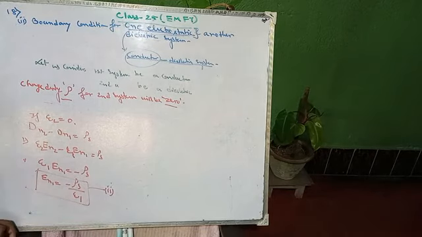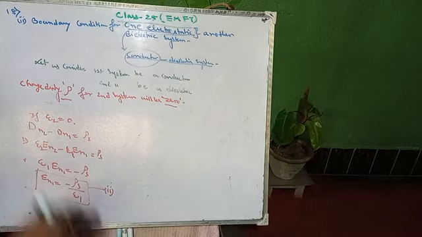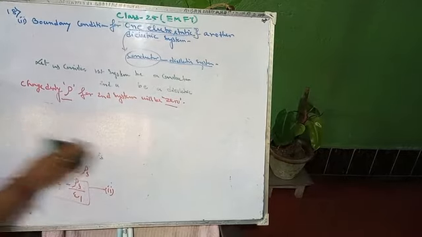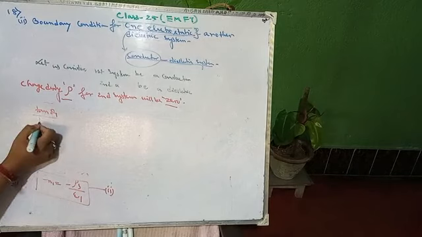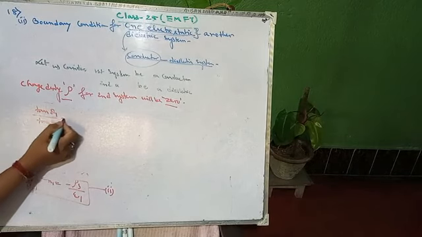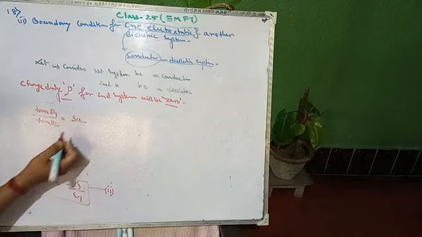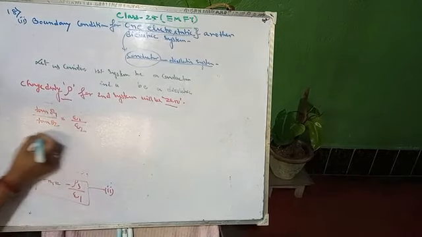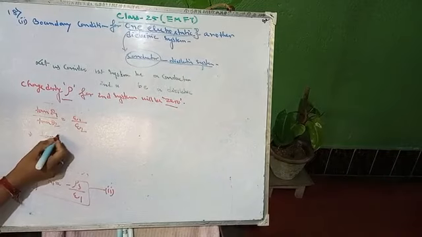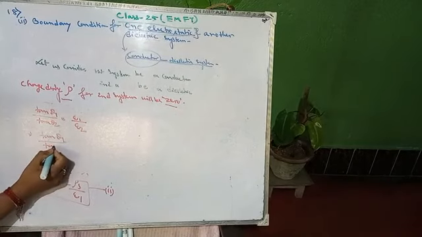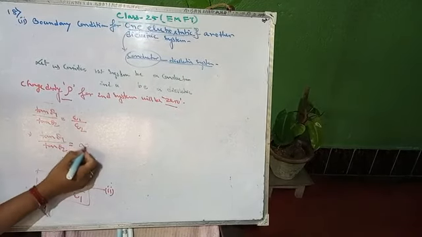Okay, and what was the third boundary condition? The third boundary condition is tan theta 1 by tan theta 2 equals epsilon 1 by epsilon 2, right? If we put epsilon 2 equals 0, then tan theta 1 by tan theta 2 equals infinity.